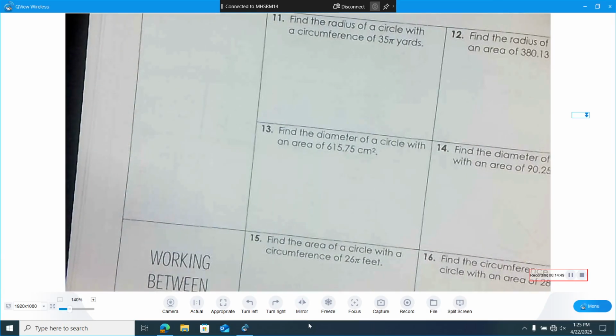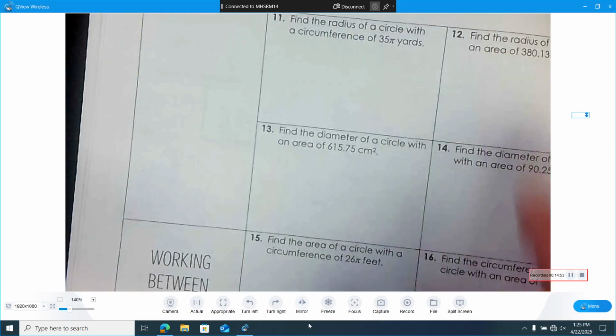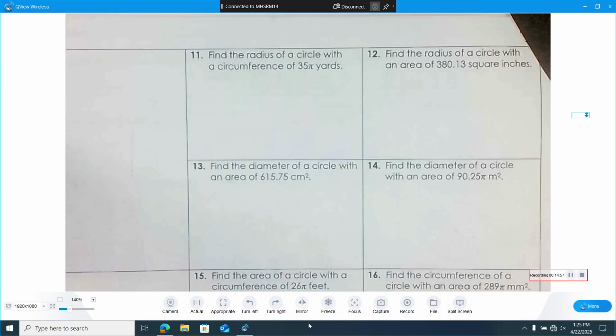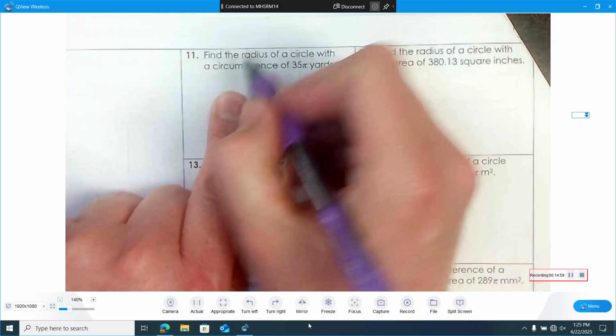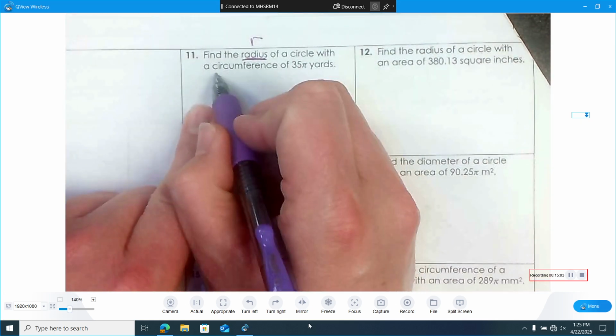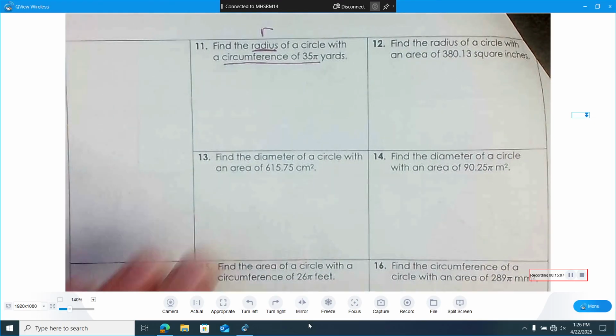All right, let's turn to number 11. Number 11, we want to figure out the radius when we have a circumference of 35 pi. Which formula should we use?